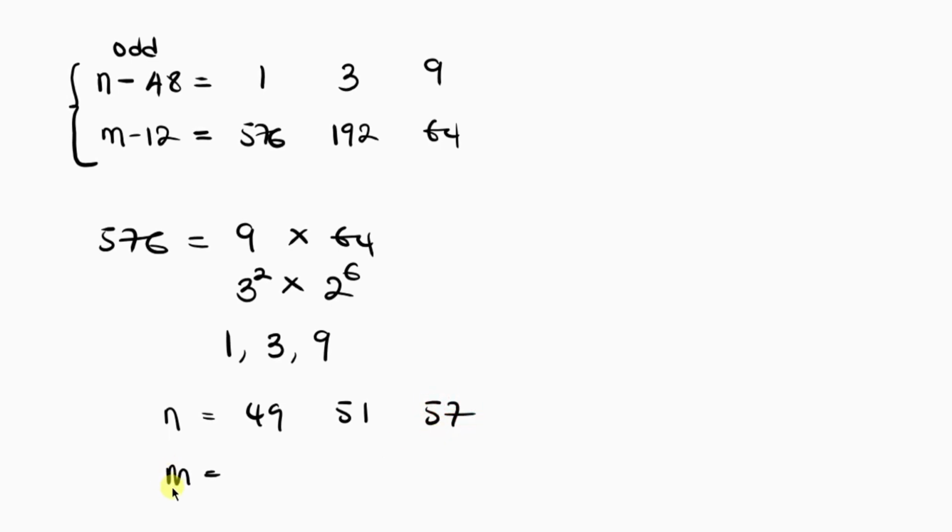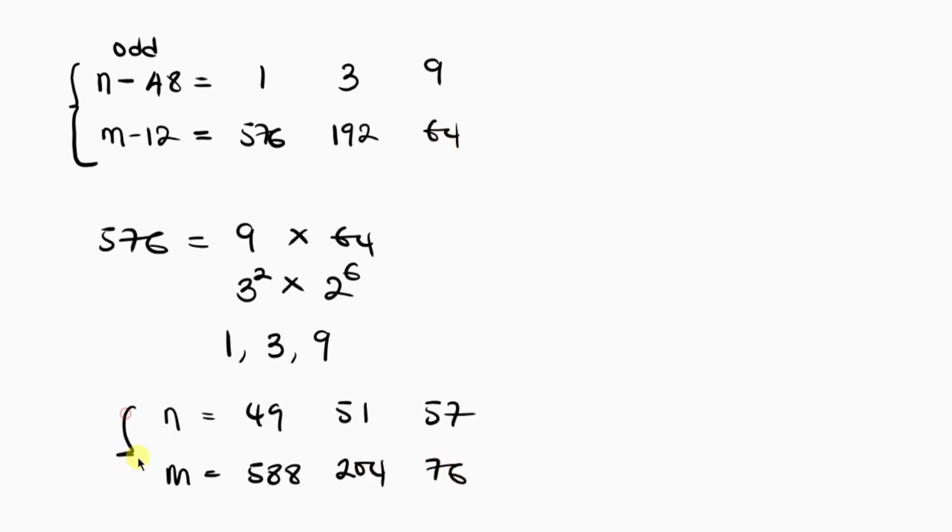Now, in order to get the value for m, I'm going to be moving this negative 12 to the right to become plus 12. So I'll be adding 12 to each of these terms. So 576 plus 12, that's going to be 588. 192 plus 12, that's going to be 204. And lastly, 64 plus 12, that's going to be 76.